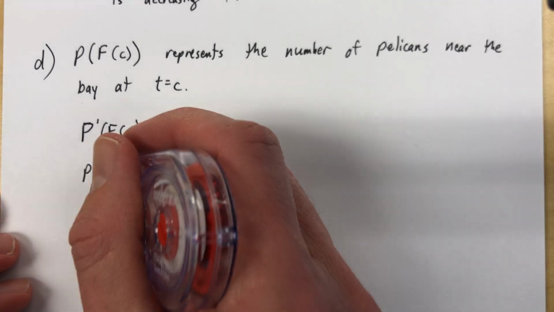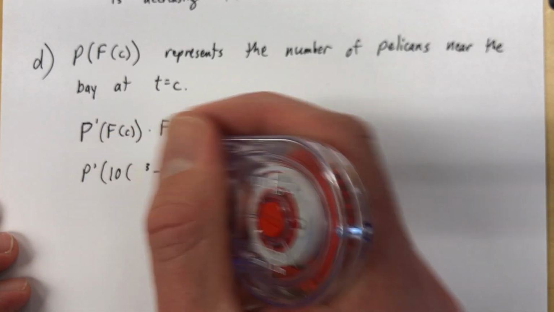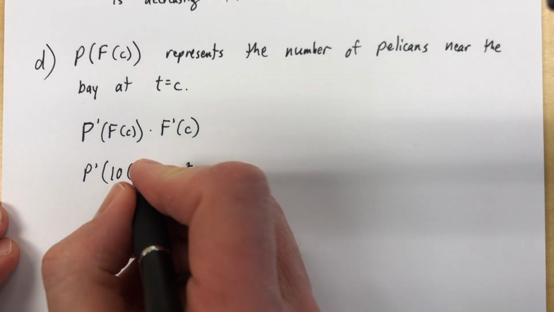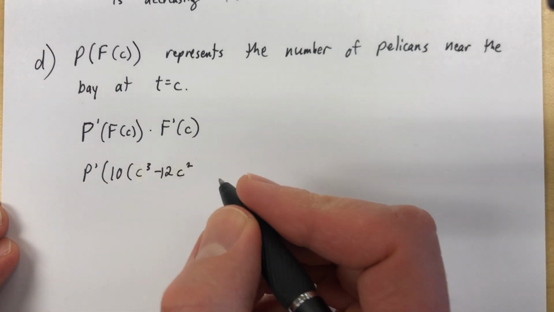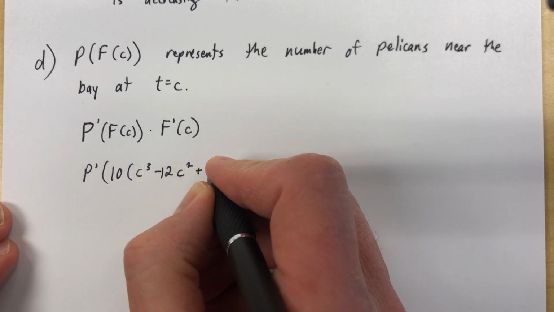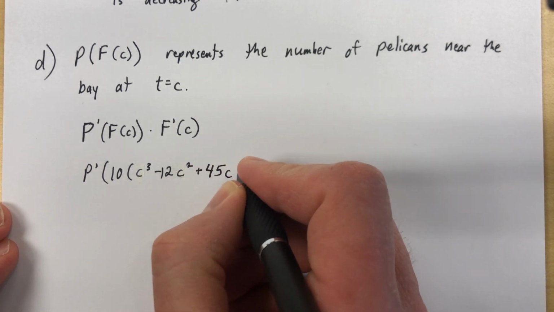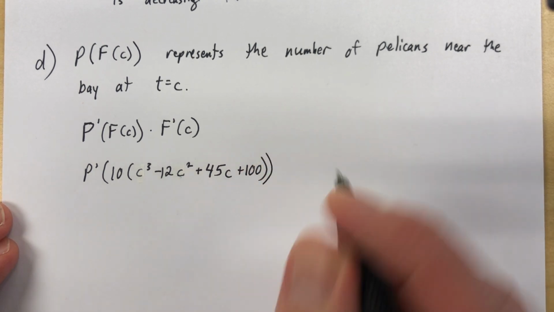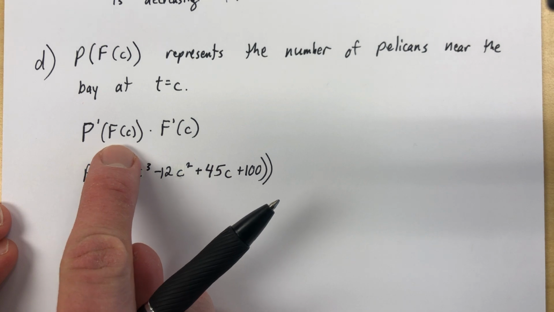We're not dealing with t, we're dealing with c, because we're dealing with a specific time, c, whatever c is. T is our variable that represents time. C, in this context, represents a specific time. So this has taken care of p prime of f of c.